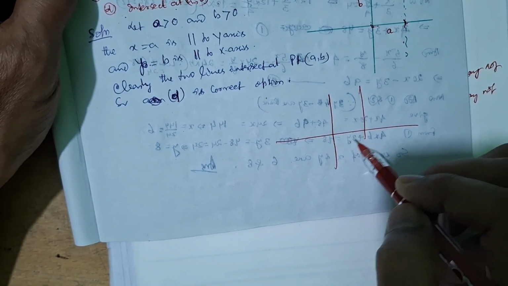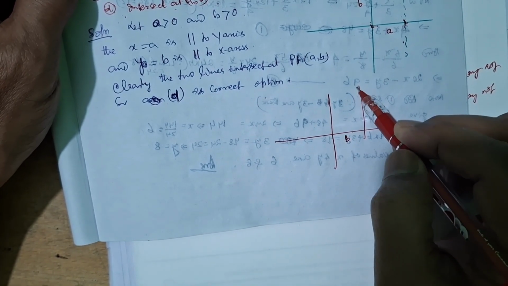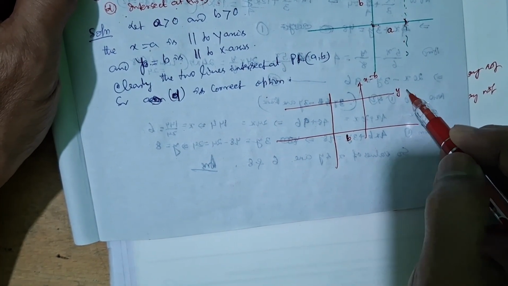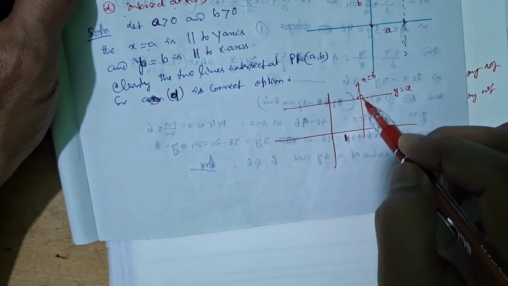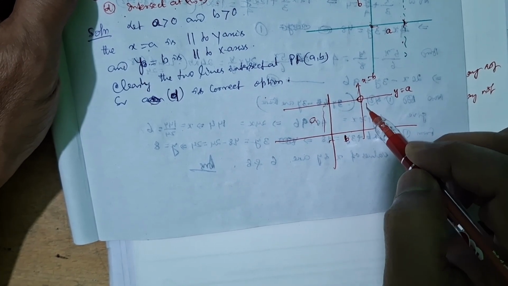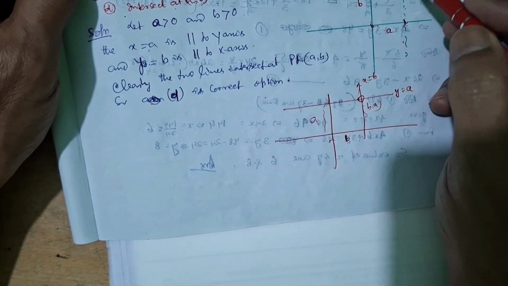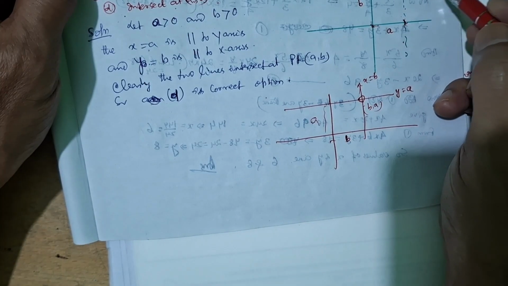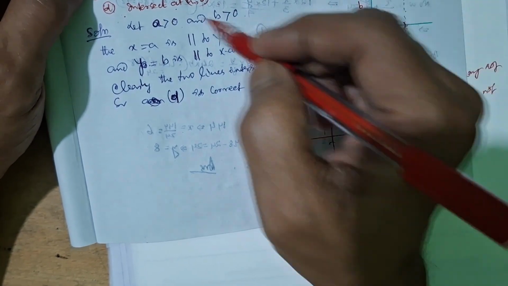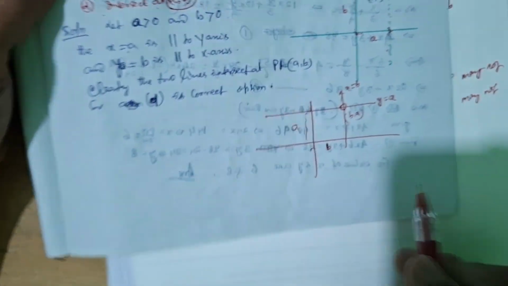This will be b, x is equal to b, and this is y is equal to a. This point is a, b. This point will be b, a. But it is given x, y. Y is equal to b. Okay, this is the difference. So d is the correct answer.